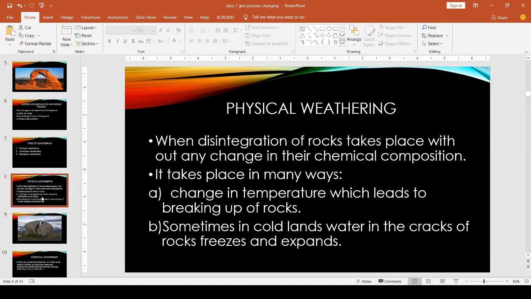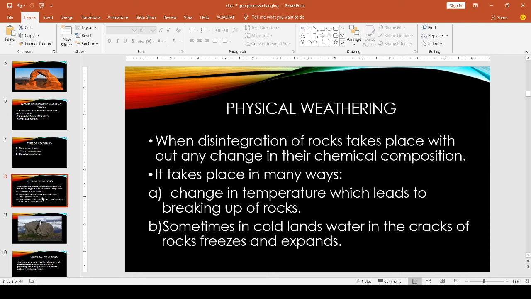Okay, and also sometimes water collects in the cracks of the rocks. We already discussed how water enters the cracks of the rocks, and it freezes, and that also leads to breaking of rocks. Okay, this is known as physical weathering. Clear what is physical weathering?